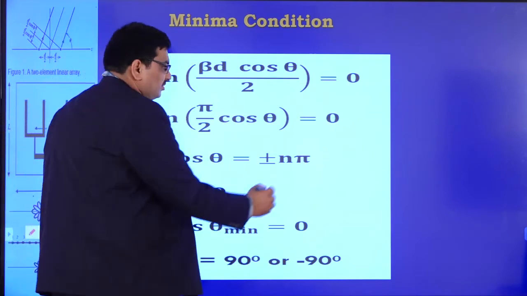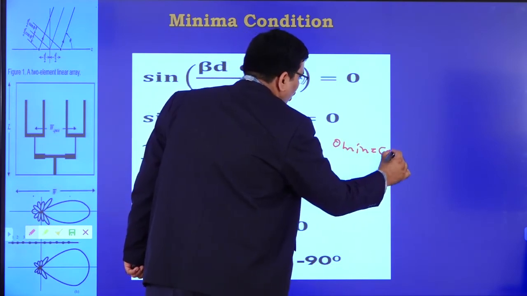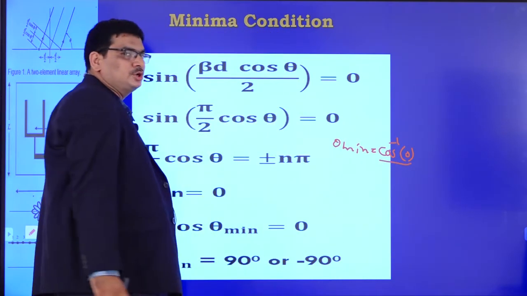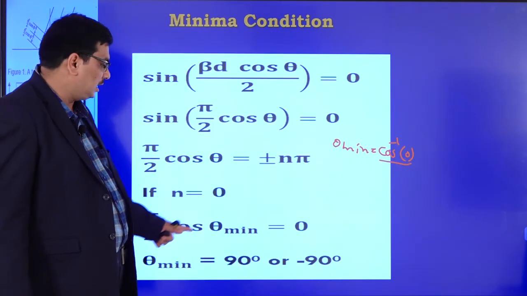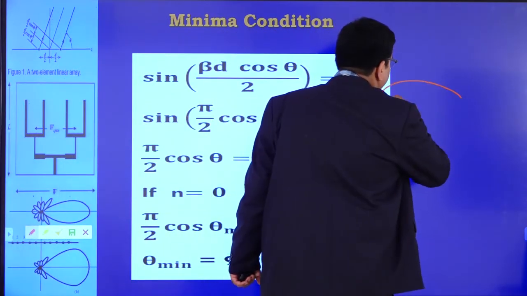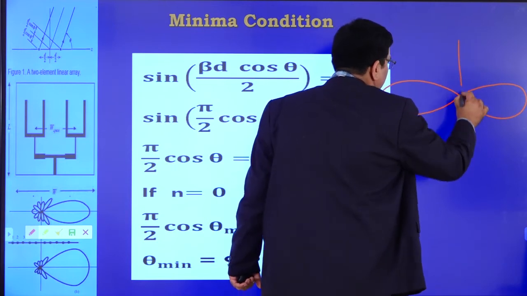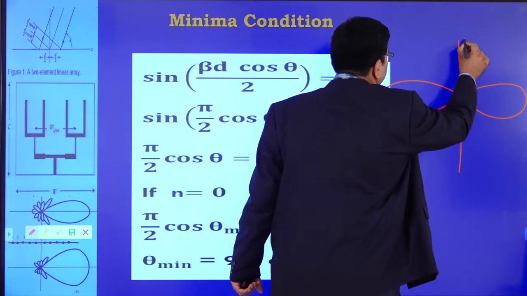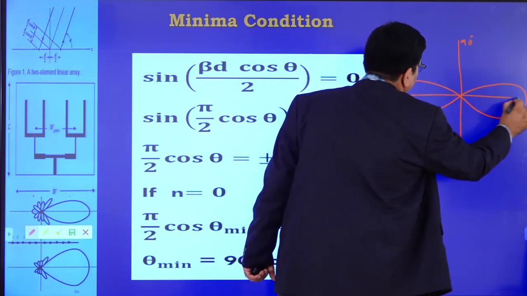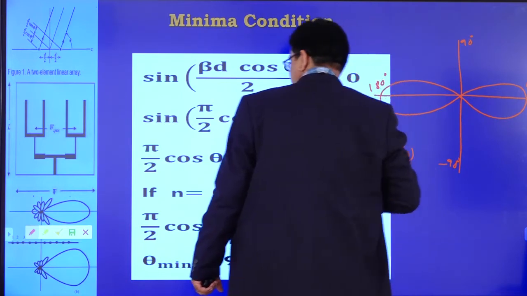From this, θ minimum is equal to cos inverse of 0, which is 90 degrees and minus 90 degrees. So for this circuit, the radiation pattern has the minima direction at 90 degrees or minus 90 degrees, and the maxima direction at 0 degrees or 180 degrees.